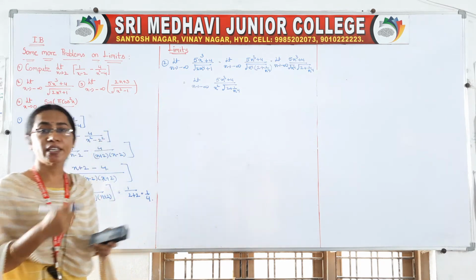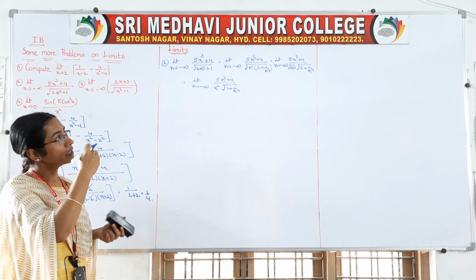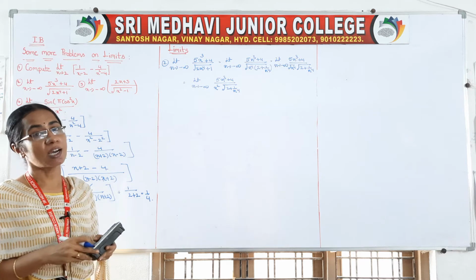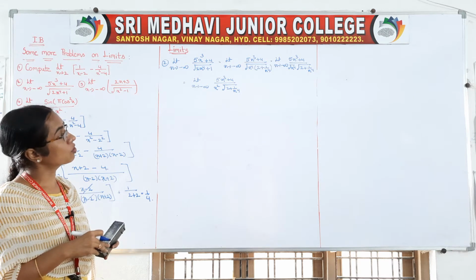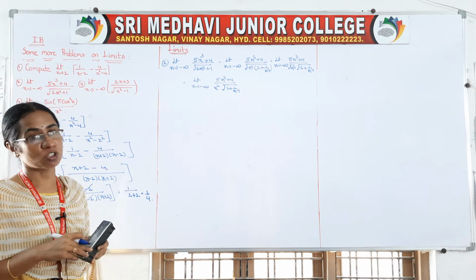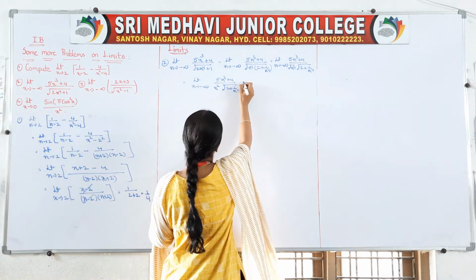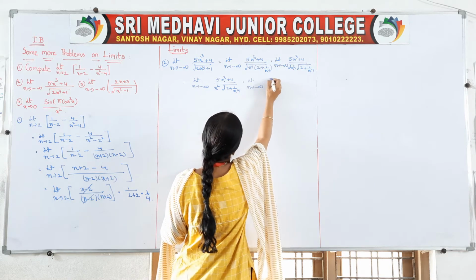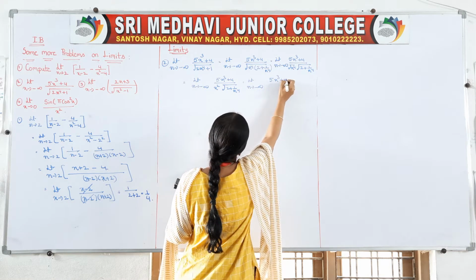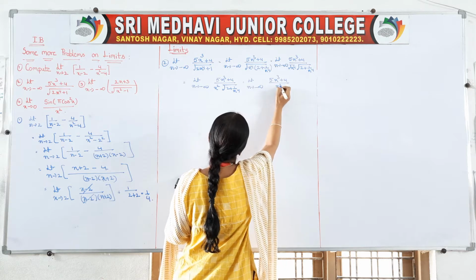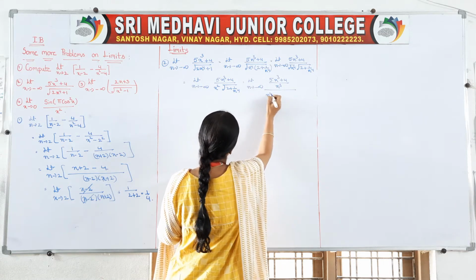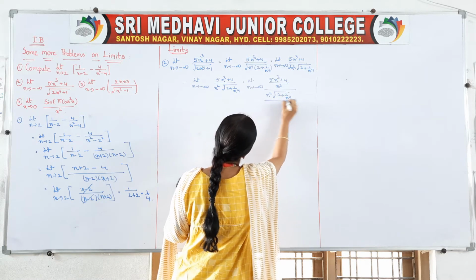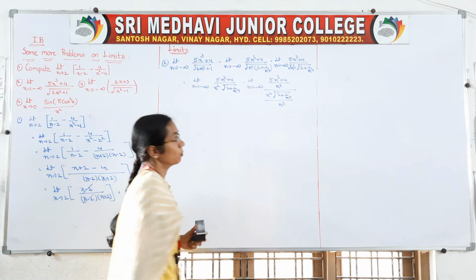Now we can compare, right? And we can see which term is having the higher power. So x cube is the highest power. So divide the numerator and denominator with x cube. Okay, so then what happens? Limit x tends to minus infinity of (5x cube plus 4) by x cube, over (x square by x cube) into root of (2 plus 1 by x to the power of 4 by x cube).